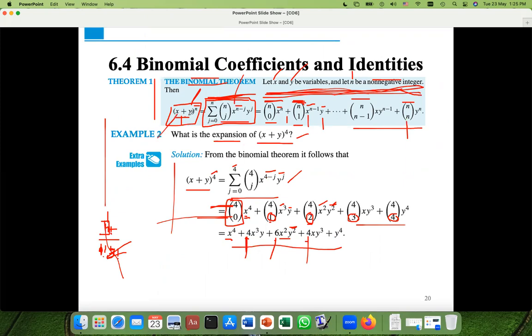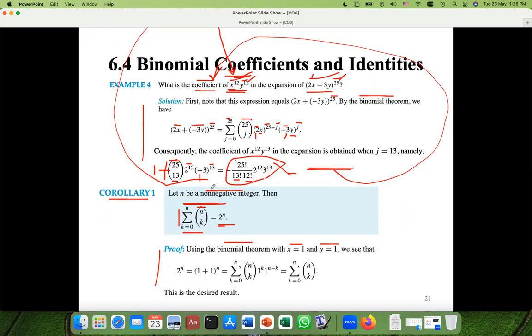When x is 1 and y is 1, we are starting with the right hand side, 2 raised to the power n, and then using the binomial theorem, giving x 1, giving y 1, raised to the power n.